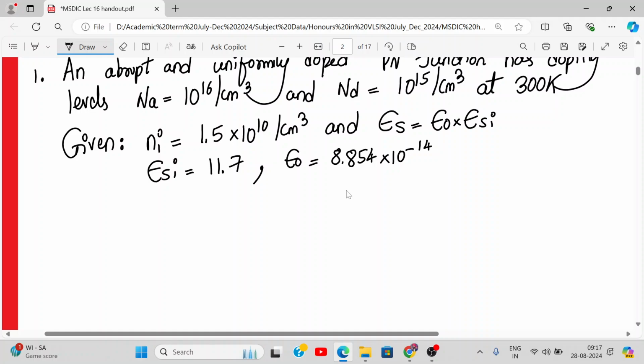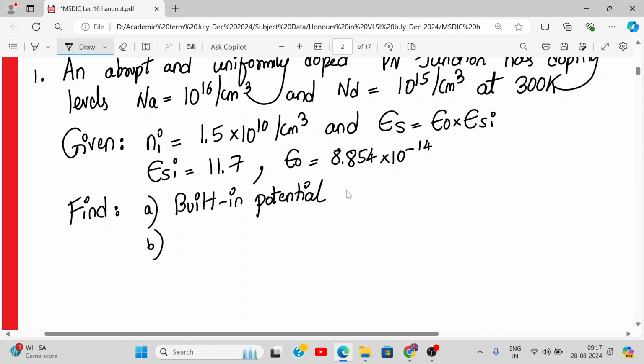Alright. So we need to find first the built-in potential, next the space charge width, third the peak electric field.